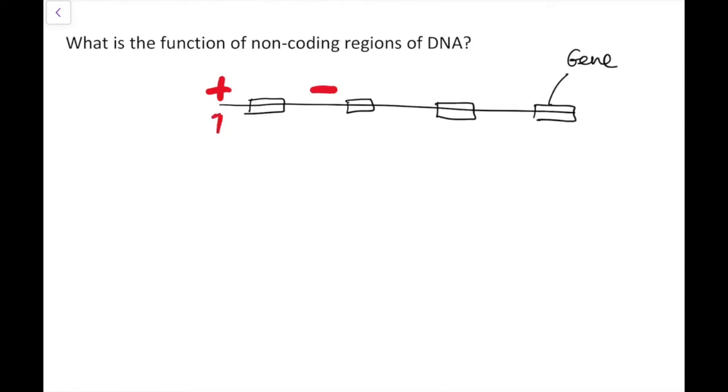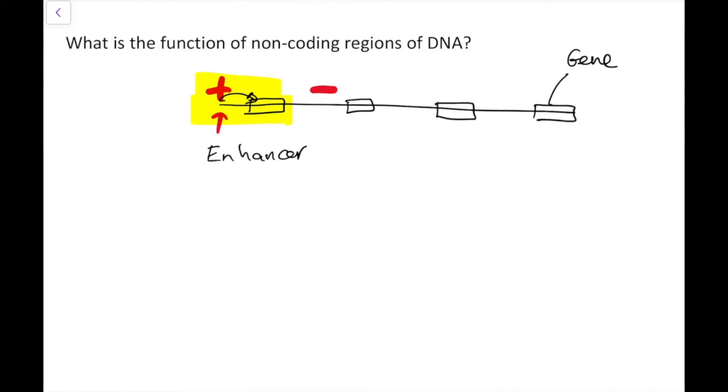So it's a code which tells the machinery in the cell either make more of this. So for this gene here, the first one, we've got something which is acting to increase. And this could be termed as an enhancer. It's causing more of this gene nearby to be used and transcribed into protein.